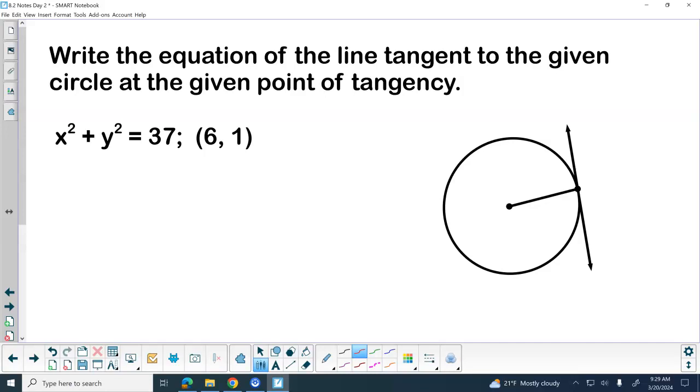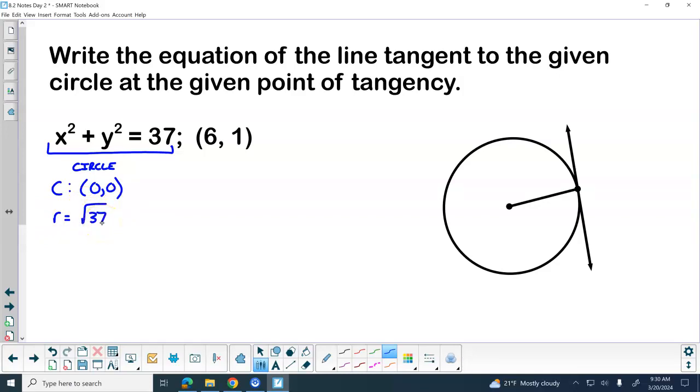Okay? So here is my circle. What can you tell me about my circle? The center is at 0, 0. And the radius is the square root of 37.